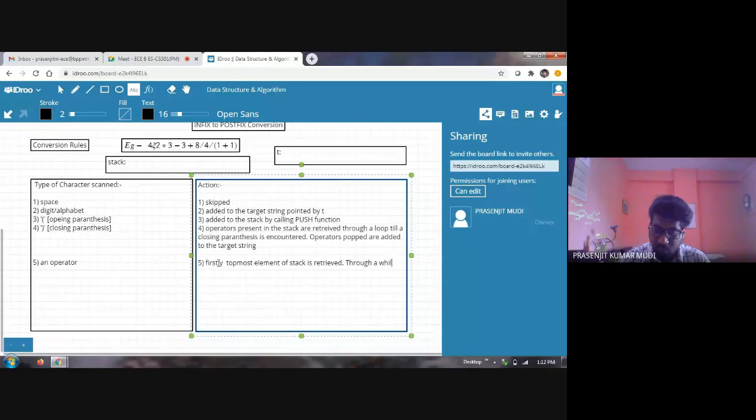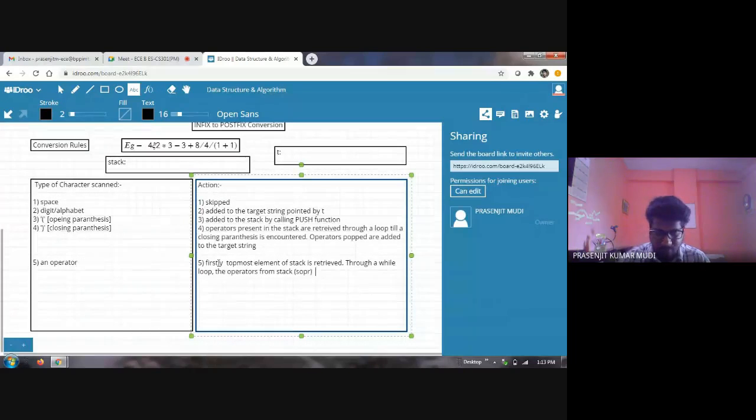Through a while loop, the operators from stack, so we are giving a name to those operators which are being retrieved from stack, SOPR, stack operator, for example, SOPR.